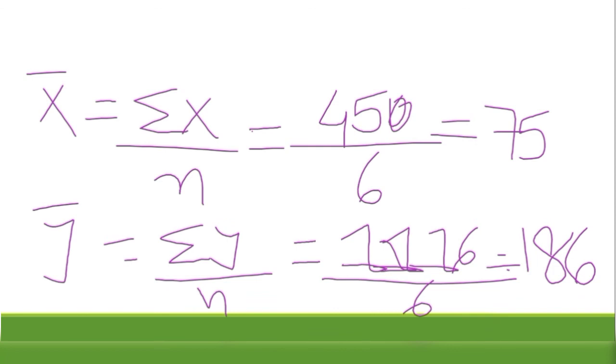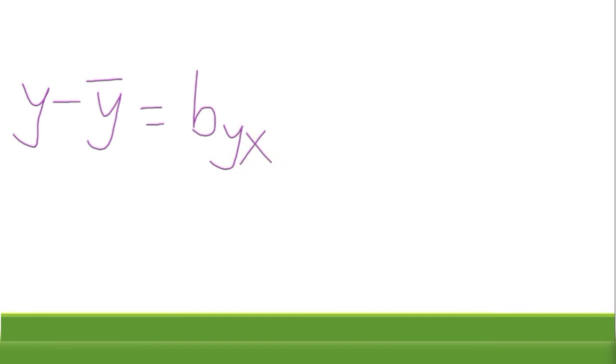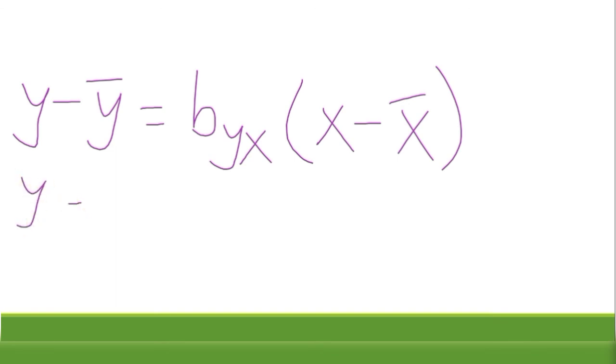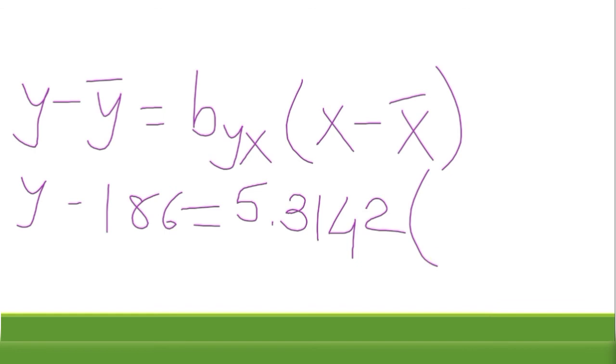Next, find out the equation of the regression line of y on x. So it will be y minus y bar is equal to byx into x minus x bar. So y bar is 186, byx is 5.3142, into x minus x bar, which is 75.